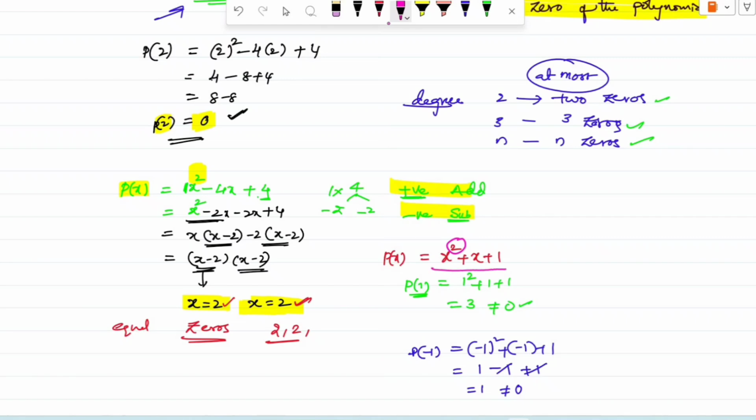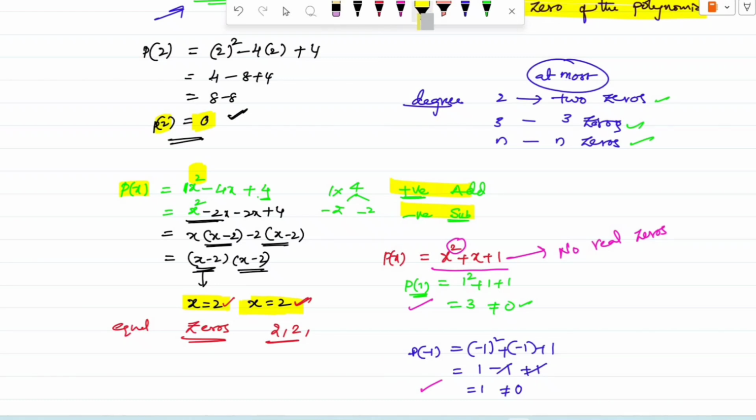Here it doesn't have any zeros. Plus 1 is not satisfied, minus 1 is not satisfied, and the remaining examples will not satisfy either. So it doesn't have any real roots. We say no real zeros or real roots.